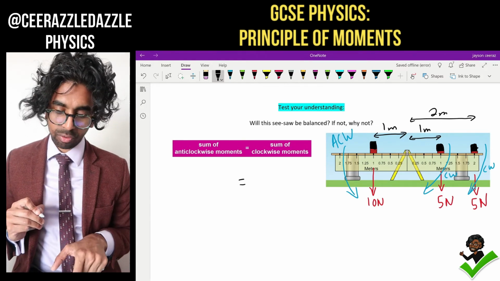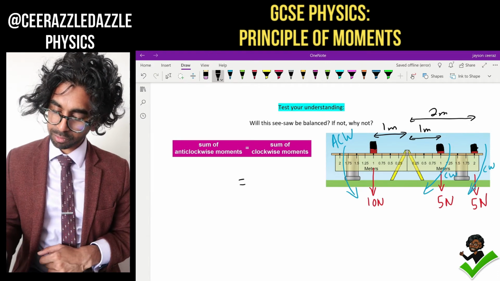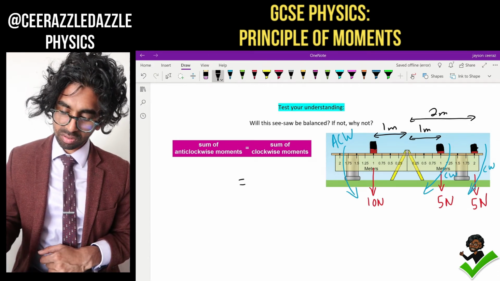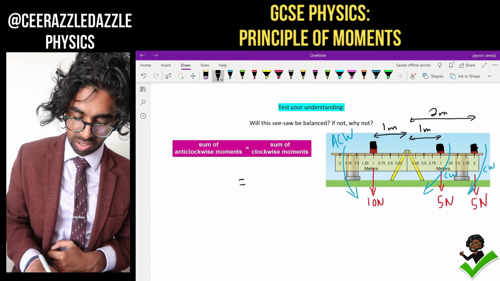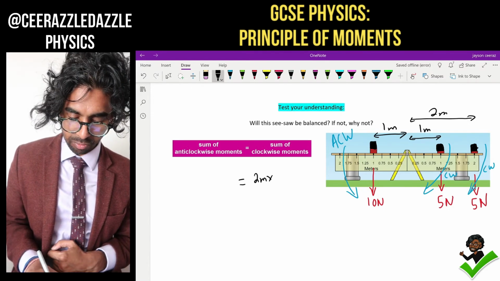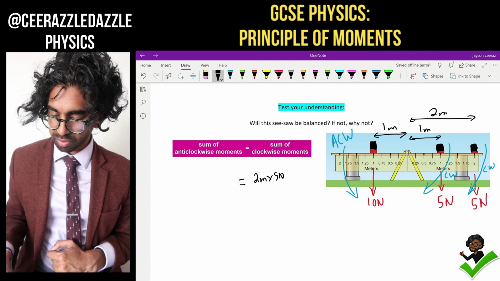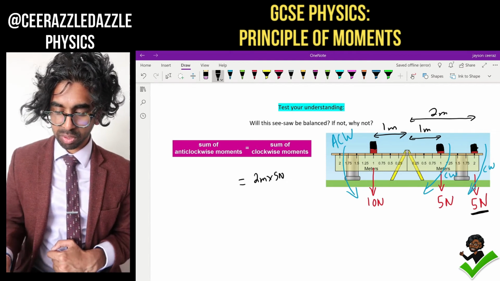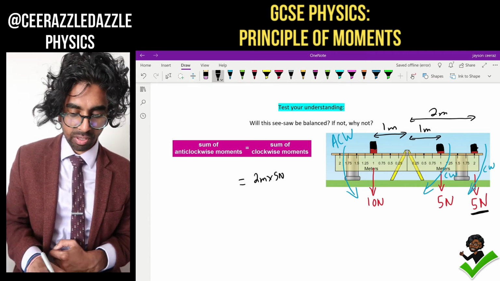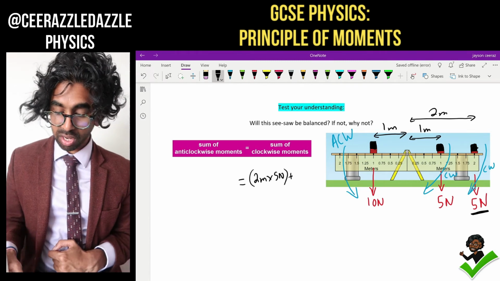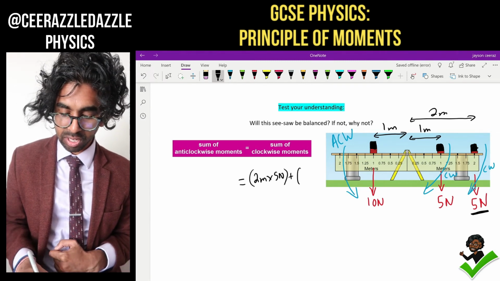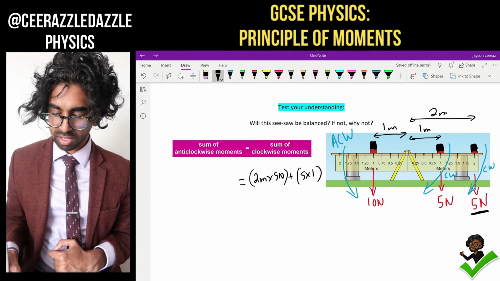So the total amount of clockwise moments, let's do the far end, it's 2 meters times by 5 newtons. I'm doing this one first. So that's 2 meters from the pivot point, 5 newtons down. And that will add the other moment, which is 5 times by 1. So this is this one over here.